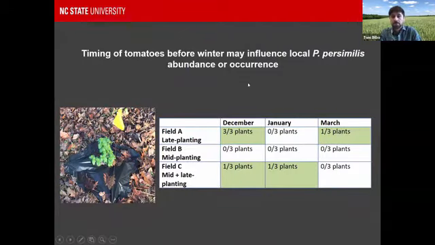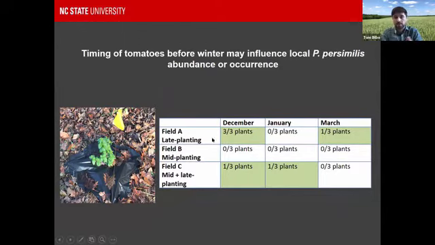So some of the early results we have with the sentinel mint plants, by putting them out around tomato fields, we put them out around tomato fields that were late planted, which means they would be there all the way up until the frost, or mid-planted. So they would end a little bit earlier, and there'd be a little bit more of a gap between when the vegetables were there and then when winter kicked in.